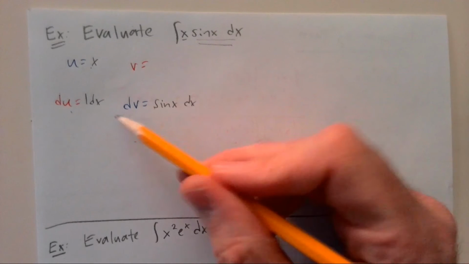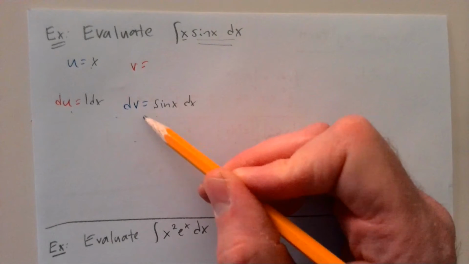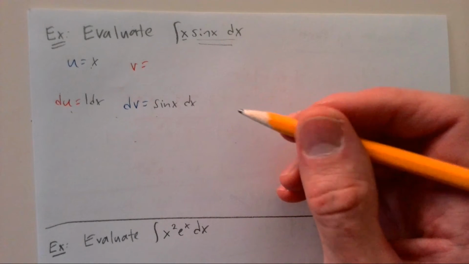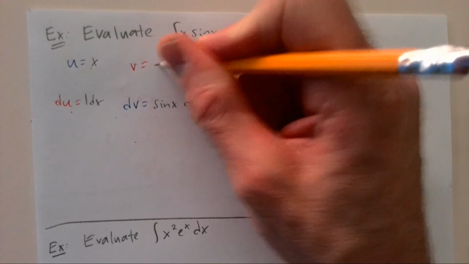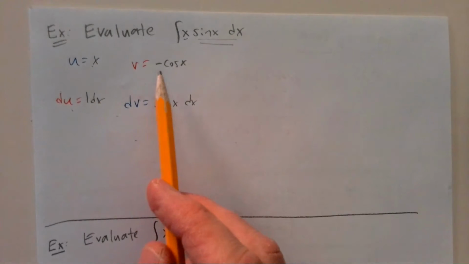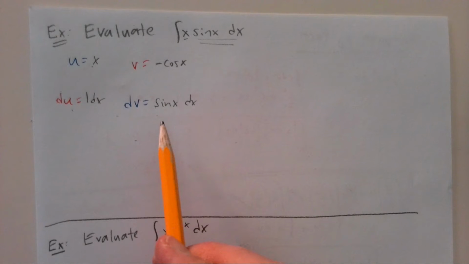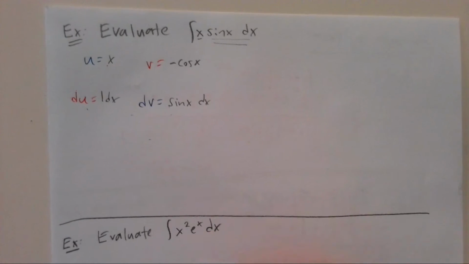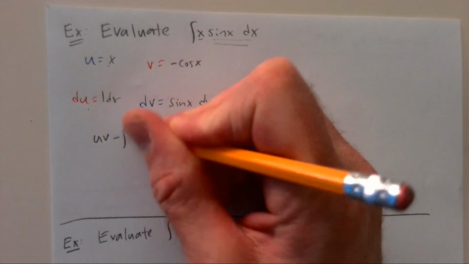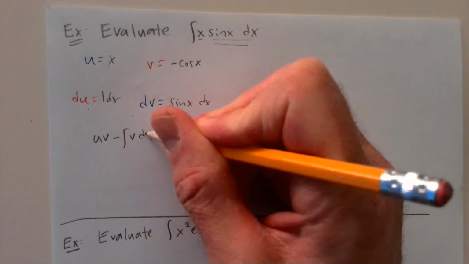Okay, I've got to integrate this thing. The integral of sine of x dx is minus cosine of x. That's because when you take that derivative, that'll give you a positive sine. Okay, so just to recall the pattern for integration by parts, it's uv minus the integral of v du.